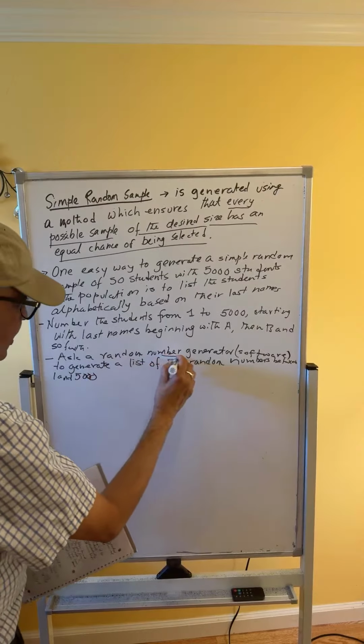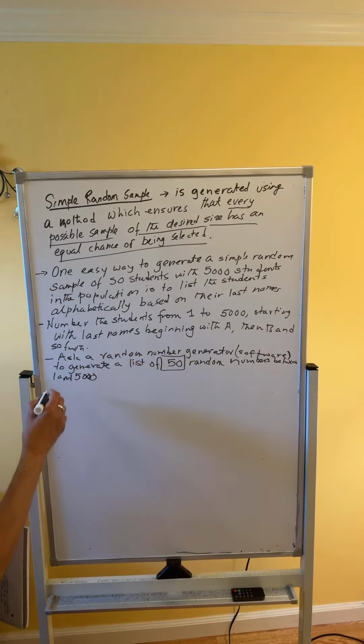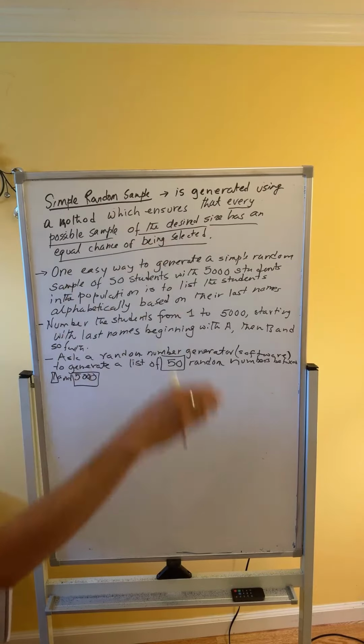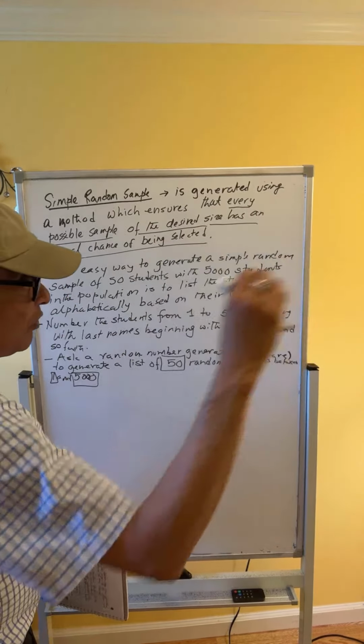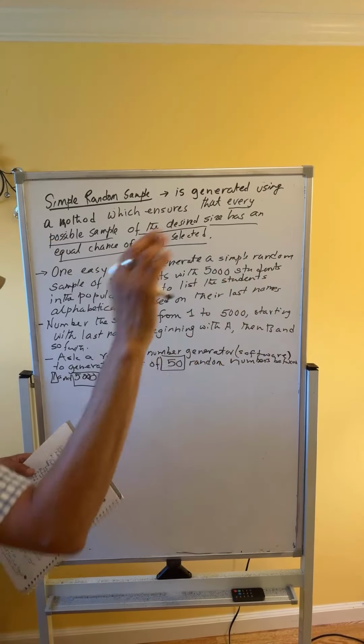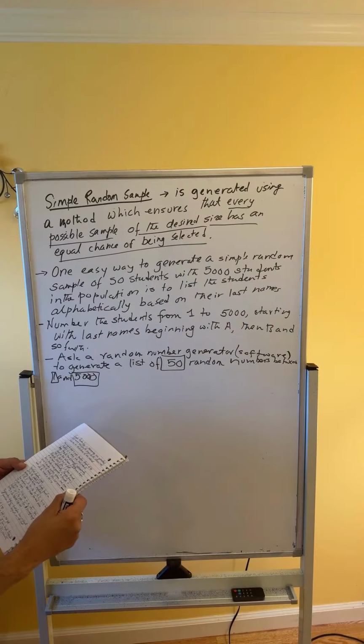So the list consists of 50 random numbers and they have to be between 1 and 5,000. The reason being we have listed the students from 1 to 5,000 based on the alphabets in their last names, starting with A.